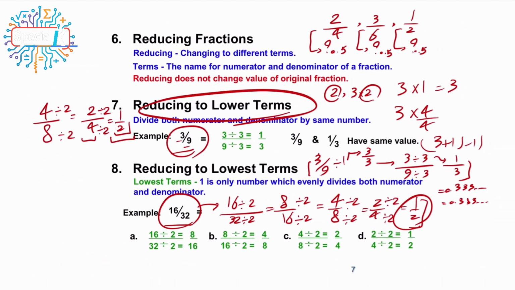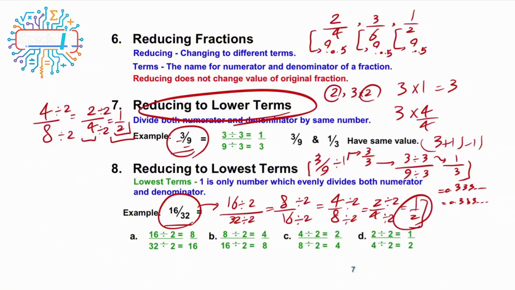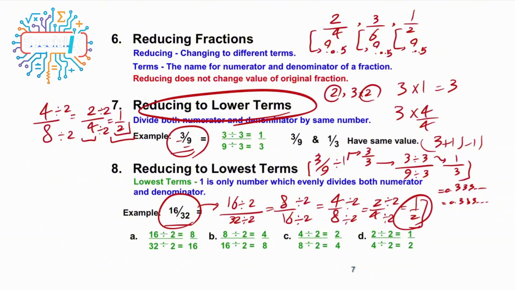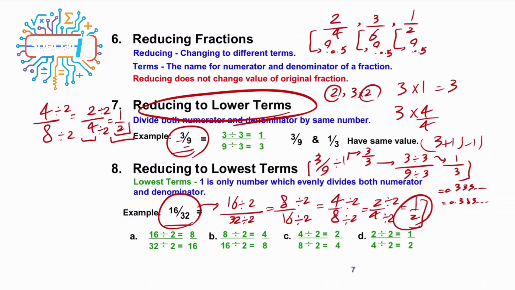So far, we learned about reducing fractions. We just learned that sometimes the numerator and denominator can be divided down by common numbers in order to find a simpler answer. Not all the time do I have to keep 3 over 9 or 16 over 32. I can reduce it to lower terms. Why am I doing that? Because I can.